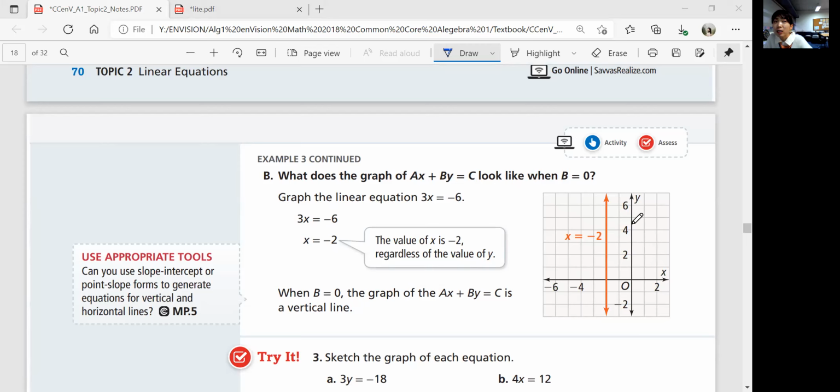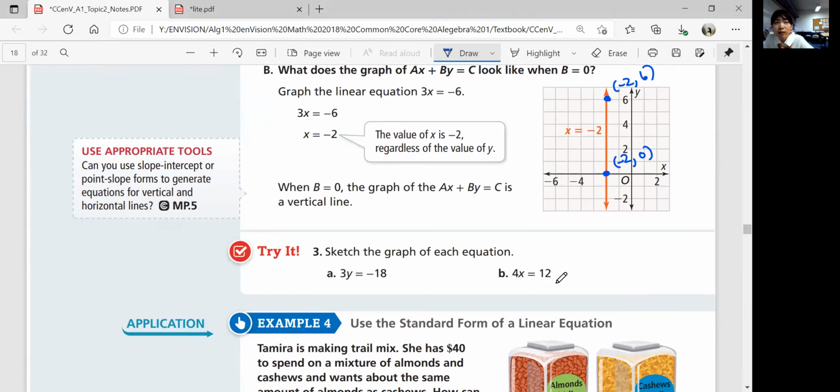But the values of y do not matter, right? So you can have (-2, 0) here, or here is when you have (-2, 6). So your height of the point could change, but your x values all have to equal -2. So when b is equal to 0, that means you have a vertical line. Okay.